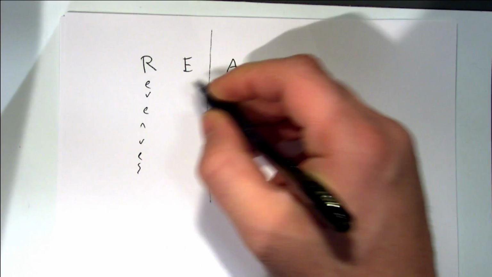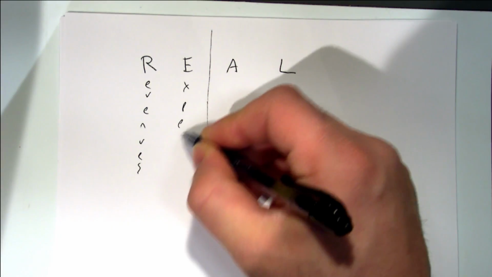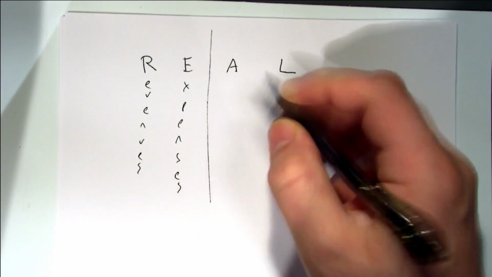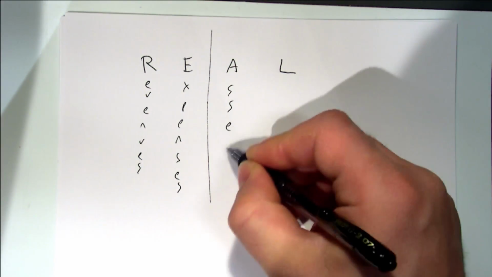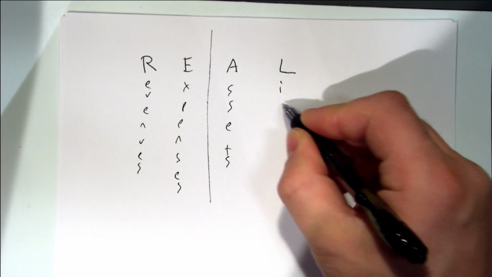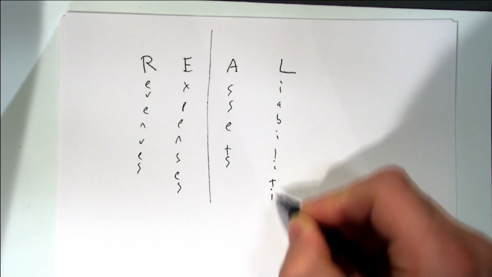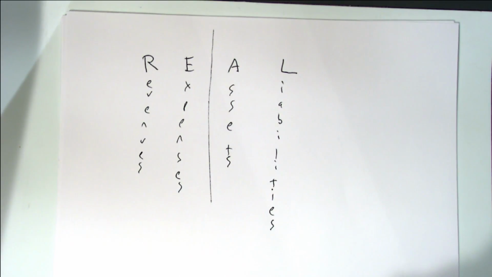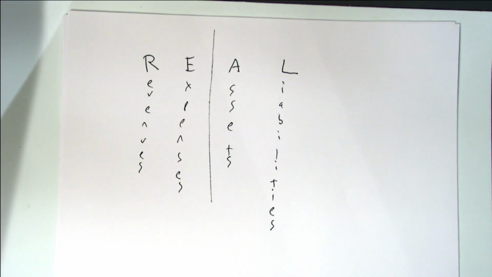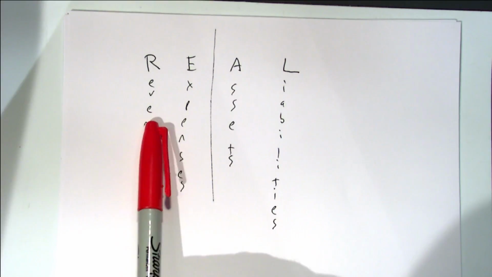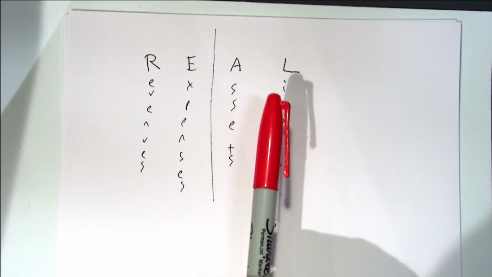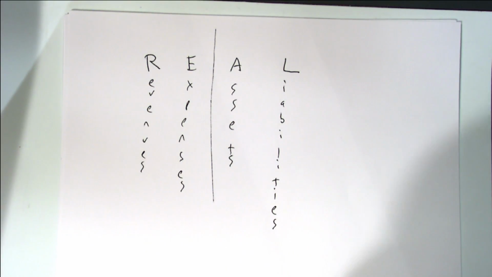Revenues, expenses, assets, and liabilities. Okay? All right. Every time you make an AJE, folks, it will affect one from the left side of the line and one from the right side of the line.